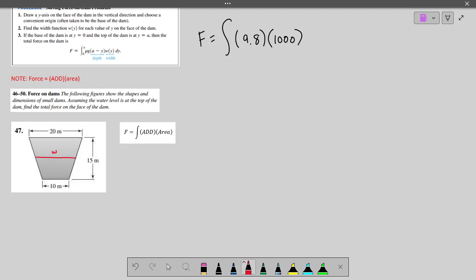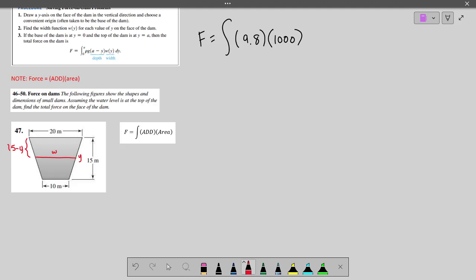If this full distance is 15 meters and we put this little cross-section right there, this integration element right there, how far is that integration element below the surface of the water? 15 minus y. 15 minus y, exactly. So we calculate that second d in the exact same way. It's whatever that full height is minus y.